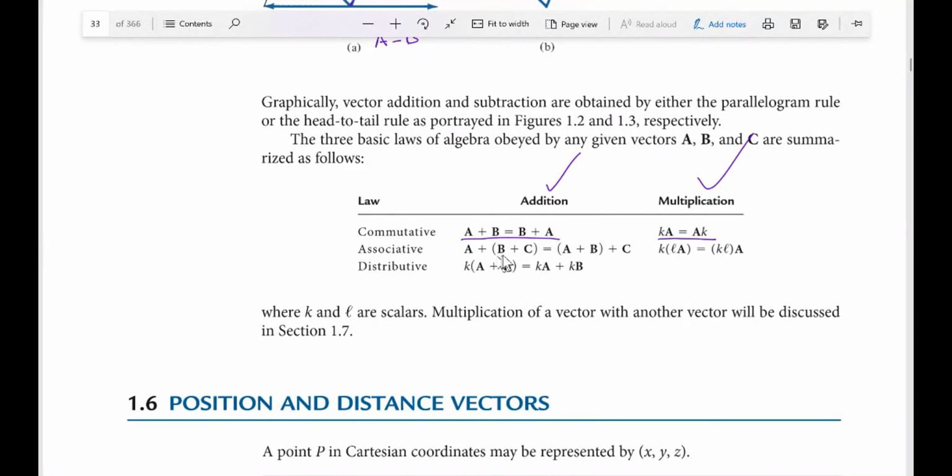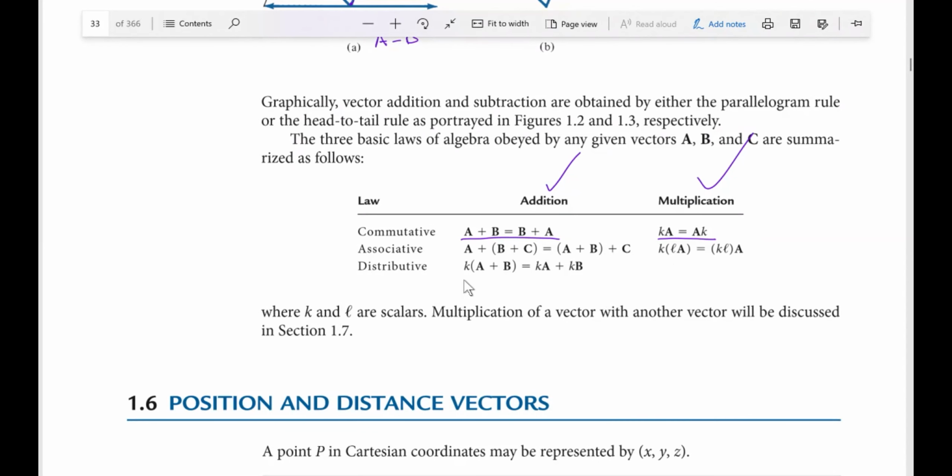We also say that they follow the associative law: A plus the bracket of B plus C is the same as A plus B, and then you add the C later.